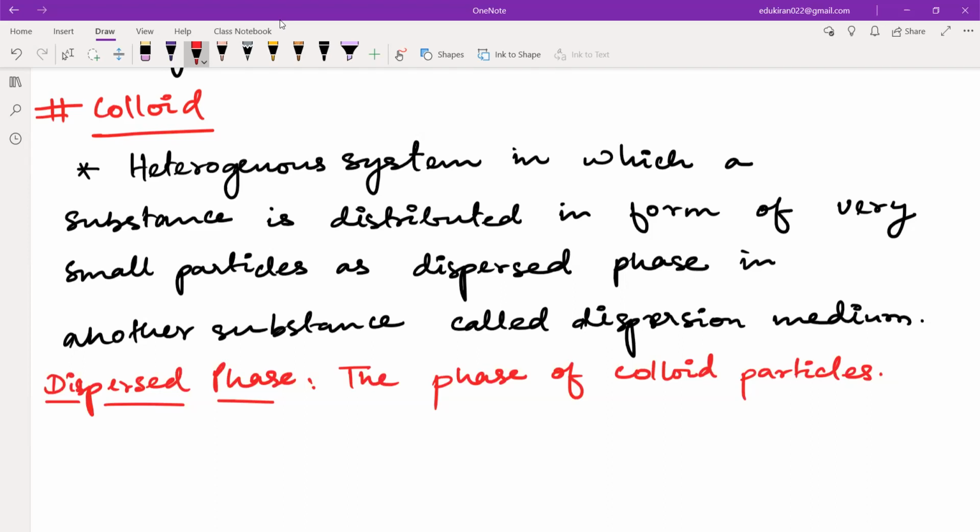Please remember this is just like the solute in the solution. So these are like solute particles.